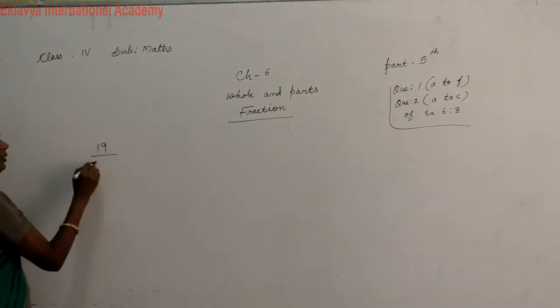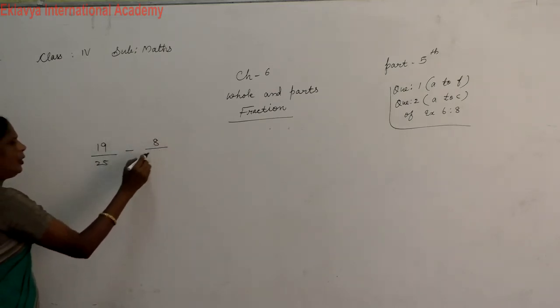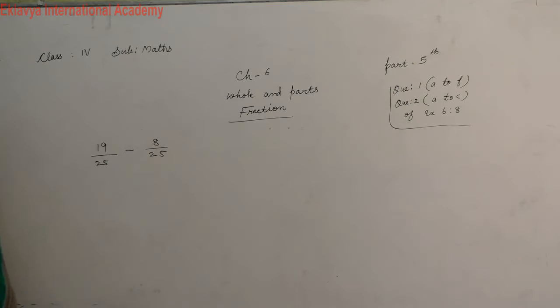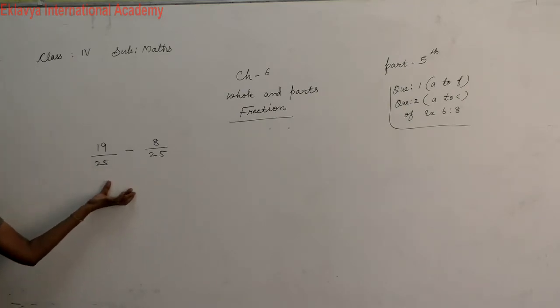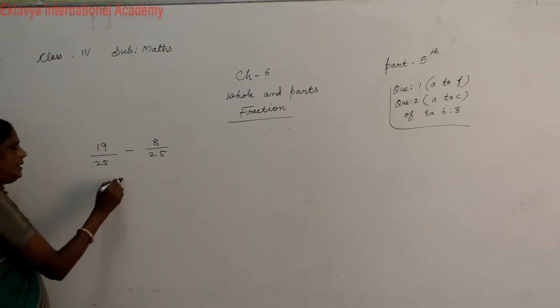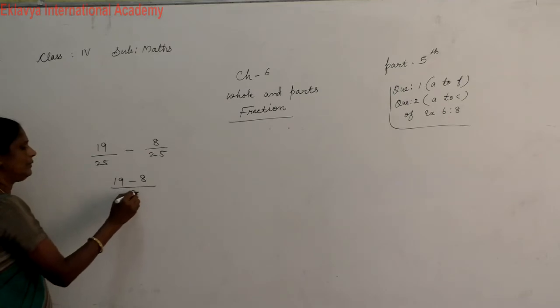19 upon 25 minus 8 upon 25. Look here, the denominators are the same. Now we subtract 19 minus 8 by 25.